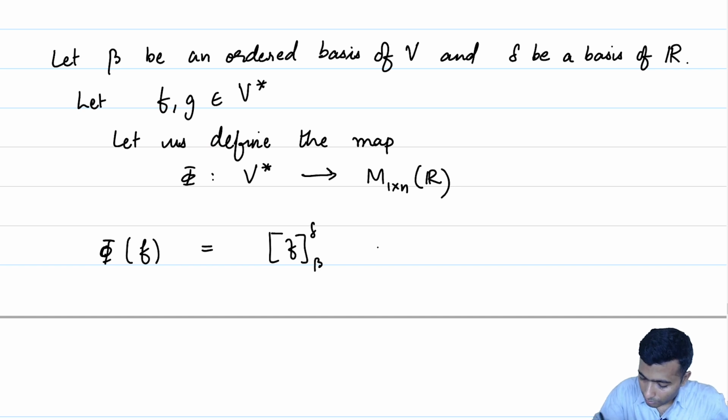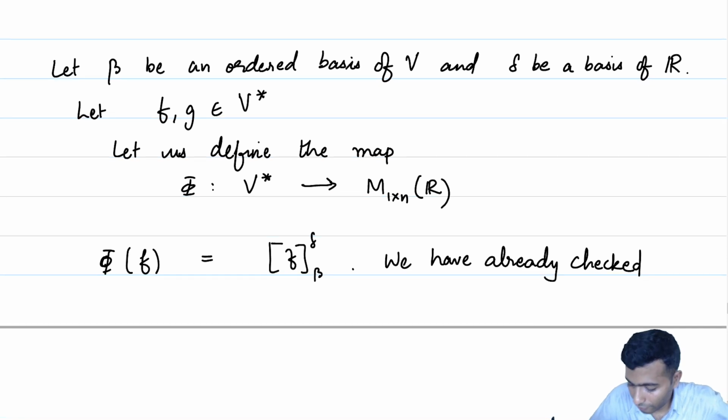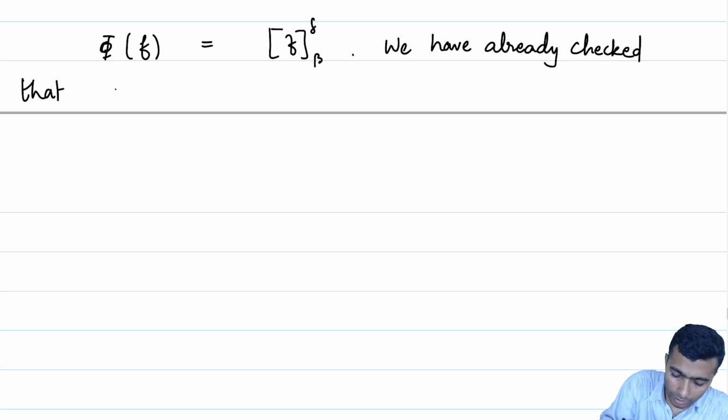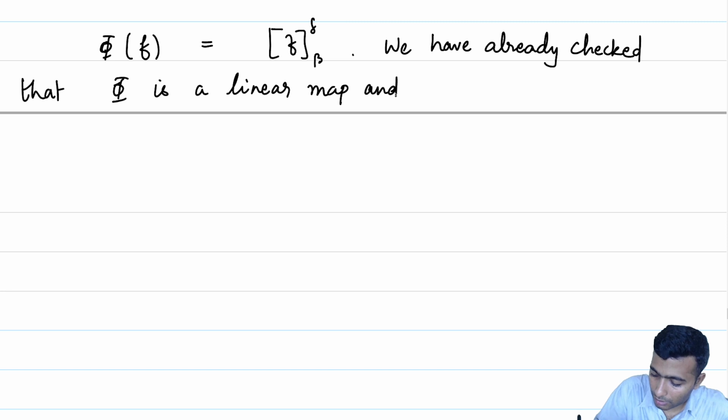So we have already checked that phi is a linear map and that it is invertible.